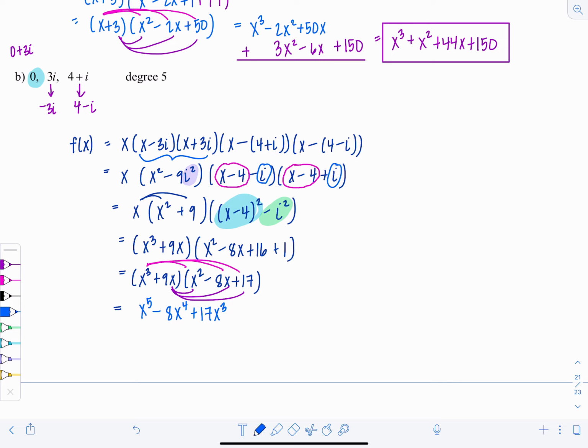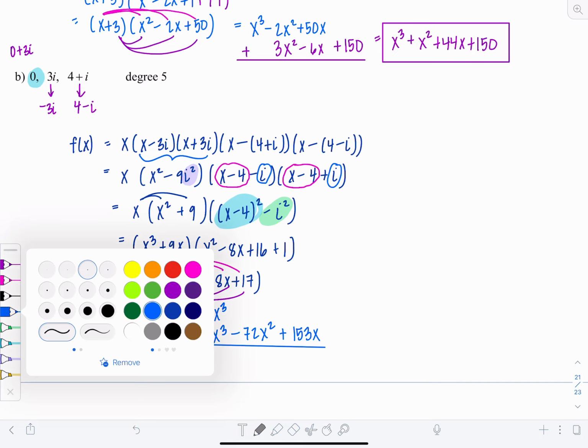So 9x times x squared, that's 9x cubed minus 72x squared plus 9 times 17. You don't need a calculator, just do it like this. 9 times 10 is 90. 9 times 7 is 63. 90 plus 63, 153. Boom. So 153x. Okay, add it all together.